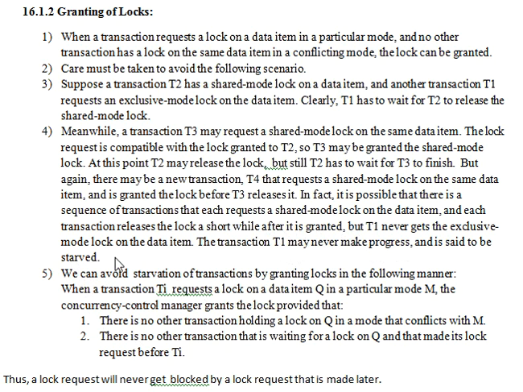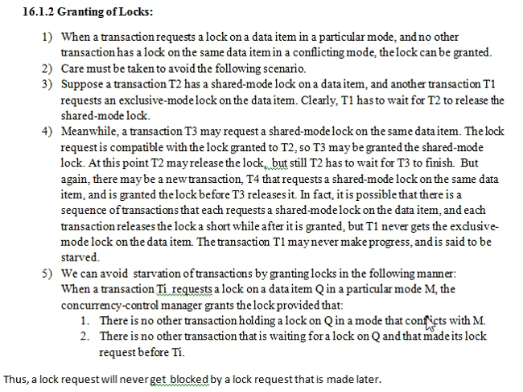To avoid the starvation of transactions, what are the two things you have to remember? The first one is, first the Ti transaction is requesting a lock on data item Q with a mode M. Then the CCM will grant it, provided no other transaction is holding a lock on the same data item in a conflicting mode.